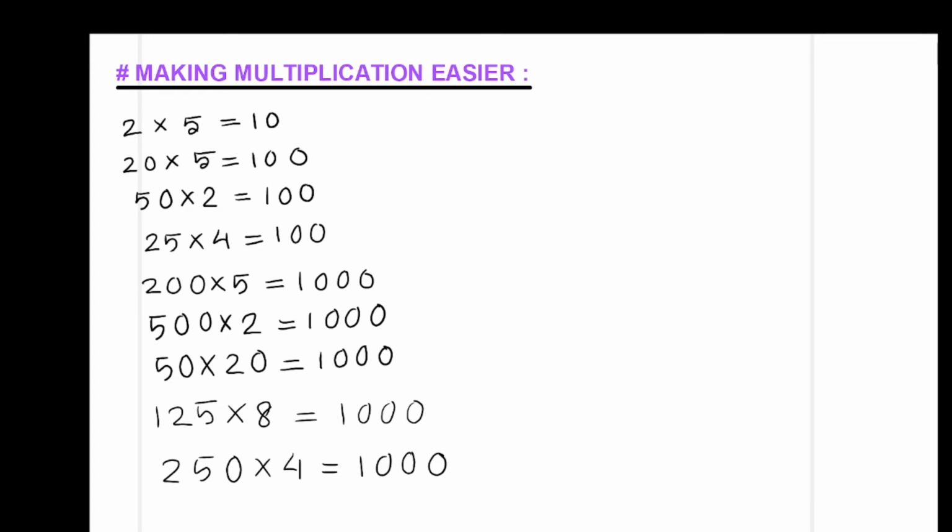I will show you one example also. Suppose it is given 8 into 37 into minus 125. If you do one by one multiplication, that means 8 into 37 into minus 125, it will take time.